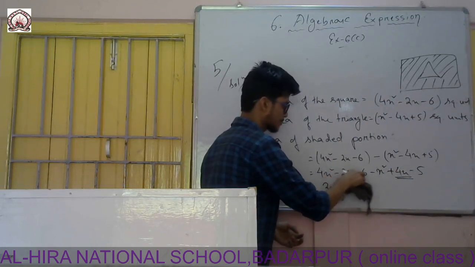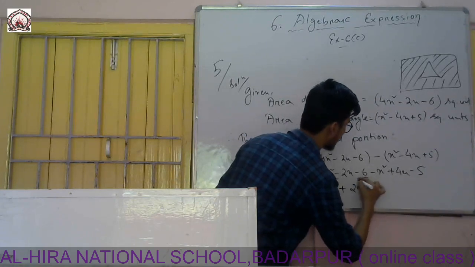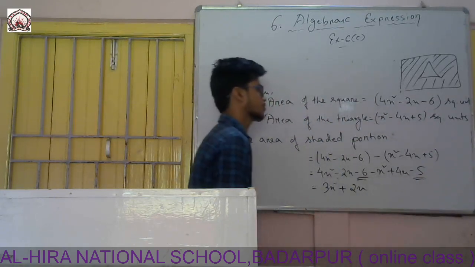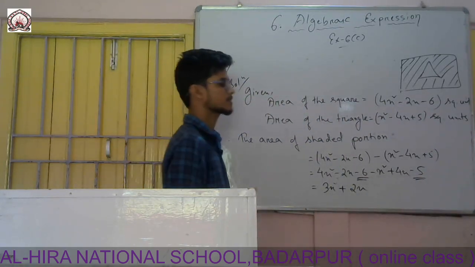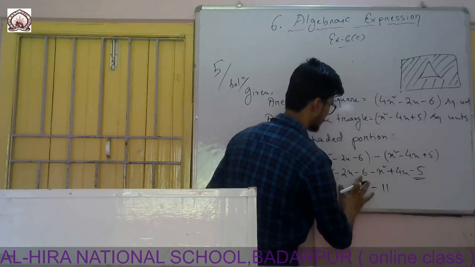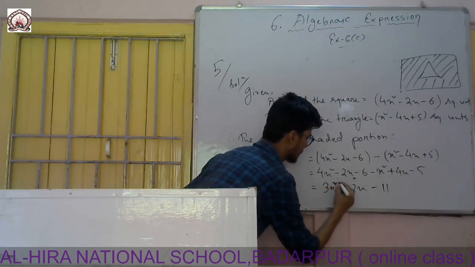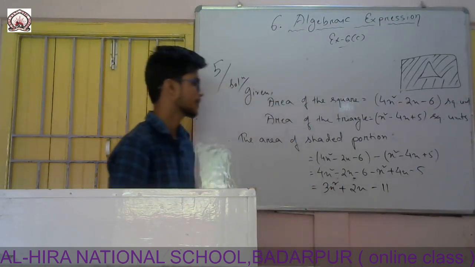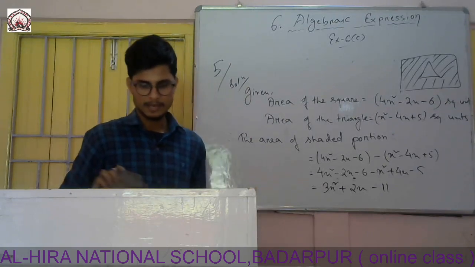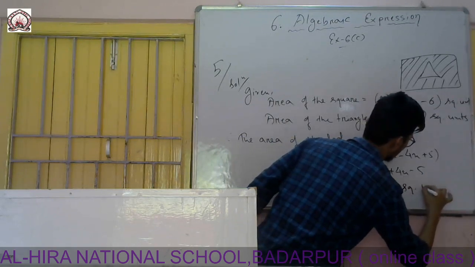Now the constant terms, it is minus 6, it is minus 5. So minus minus it is plus, 6 plus 5 is 11 and sign will be minus. So answer is 3x square plus 2x minus 11, and it will be in square units.